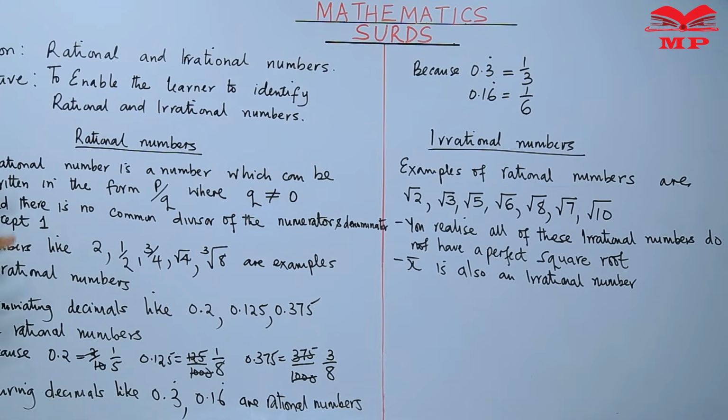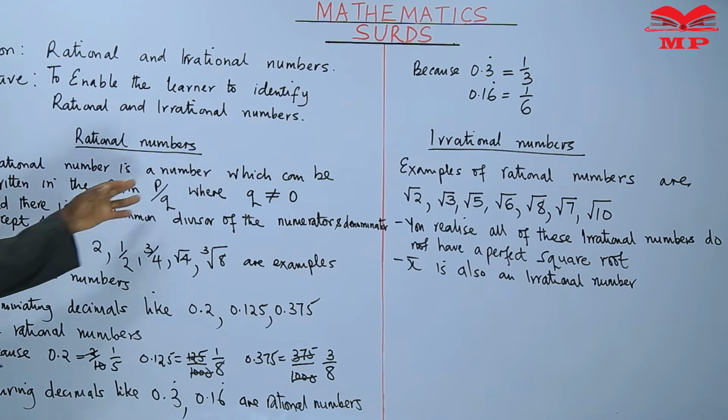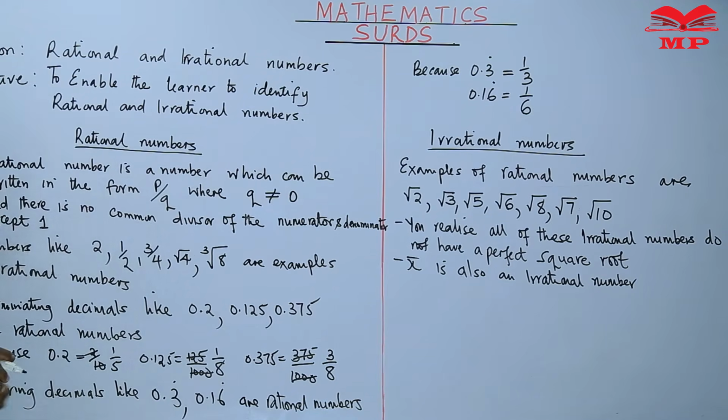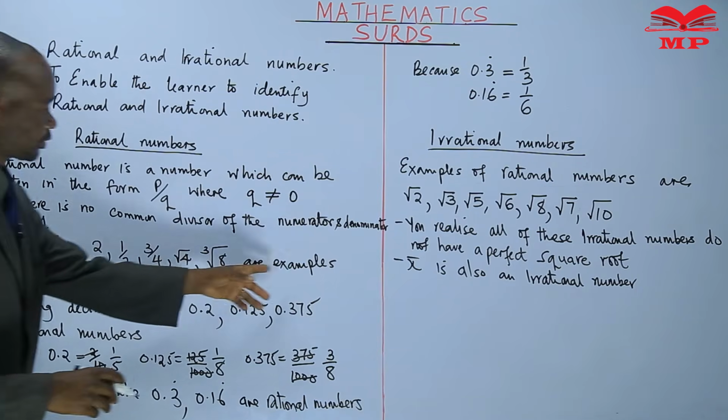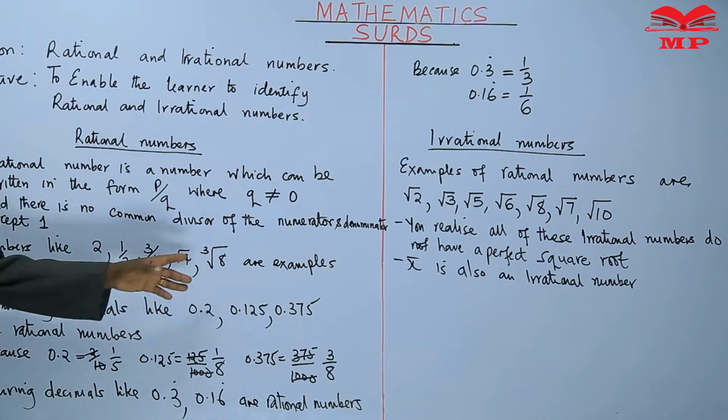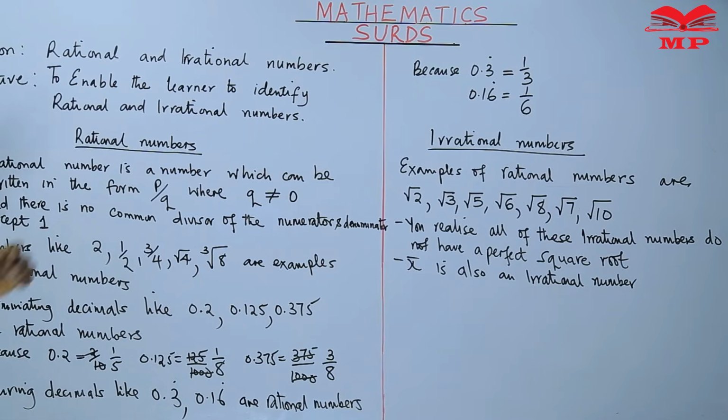Just a recap of what we've done. A rational number can be expressed in terms of P and Q, where Q is not 0, and there is no common divisor of the numerator and the denominator except 1. I've given examples in root form, like the cube root, which was perfect, and we also included terminating decimals and recurring decimals.